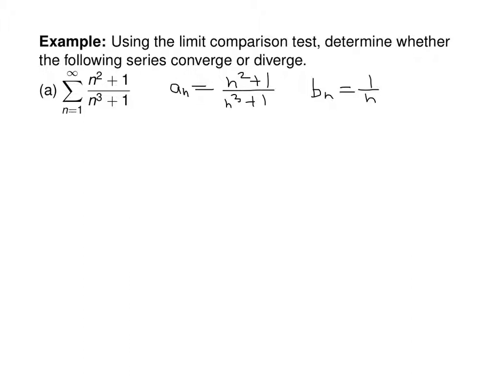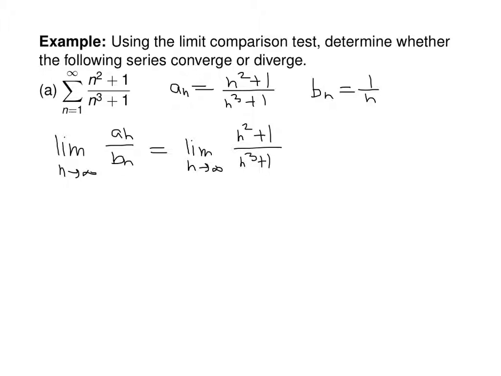And when I find the limit as n goes to infinity of an over bn, if this limit is a finite number, then both series do the same thing. So I have the limit as n goes to infinity of n squared plus 1 over n cubed plus 1.